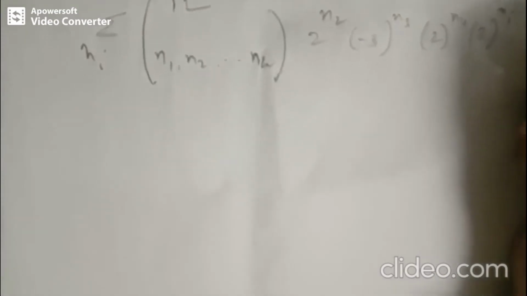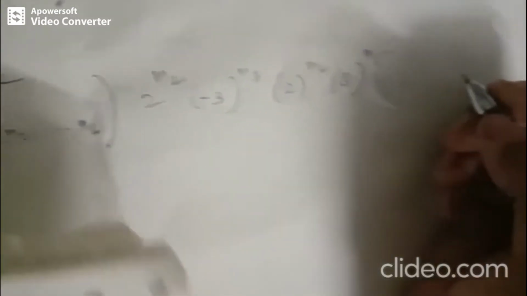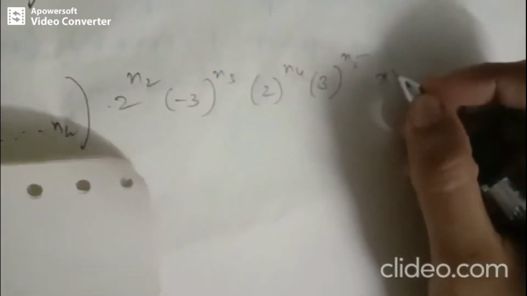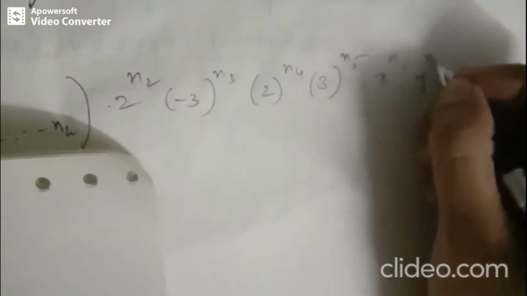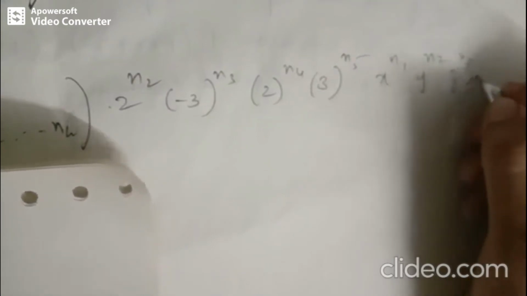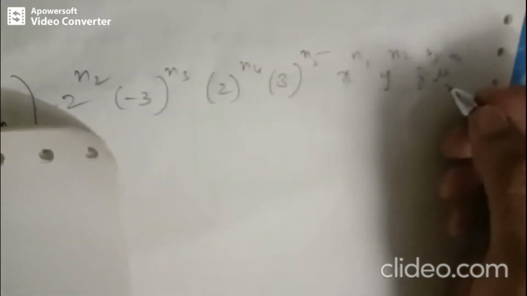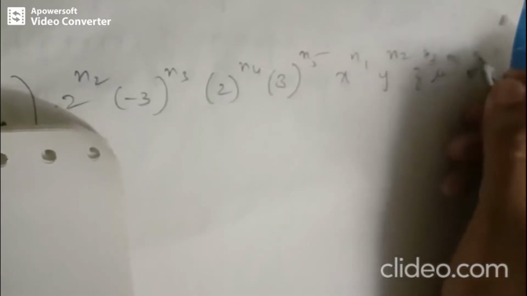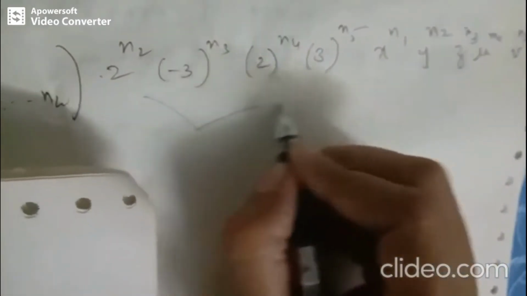So we'll write this first, followed by other terms, other variables, that is x raised to n1, y raised to n2, and z raised to n3, u raised to n4, and finally v raised to n5. These represent the different ways in which we have separated the numbers from the variables.